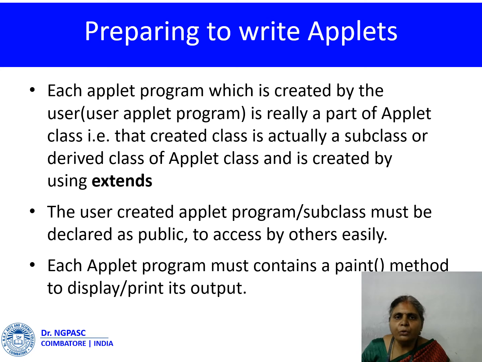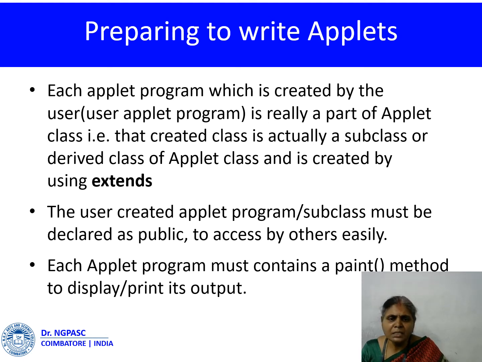So you have to write a Java class which extends the Applet class that you imported previously. Then your code becomes an applet. Remember one thing: while creating an applet program, you have to use the access specifier public, because we are going to embed the applet code in HTML and run it in a browser, so it must be accessible from outside.